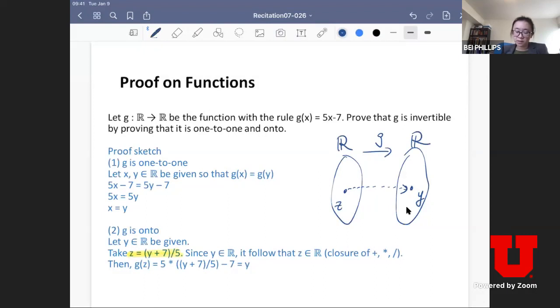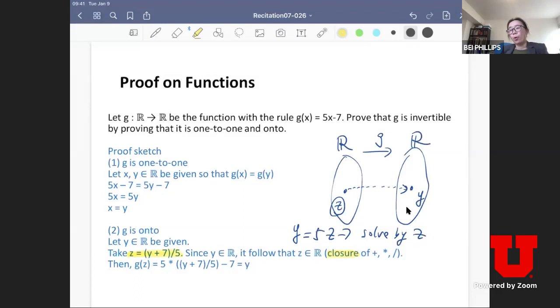That is proving onto. So I find this one by actually solving the equation y is equal to 5z minus 7, you solve for z. But the important part to actually complete the entire proof is the closure property of real numbers. Because z is equal to y plus 7 over 5, because y is a real number, you want to say by closure property, z is a real number. So that is a complete proof.